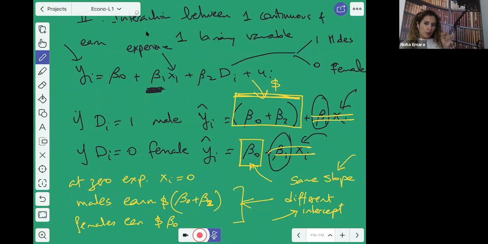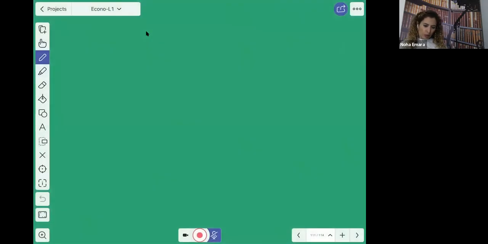This is more realistic because it is what we know in the US market and many other countries: it's not only the case that at zero experience males earn higher than females, but also that for each additional year of experience, earning is not going to increase by the same amounts. So in order to do that, we have to introduce a new type of model in which I have different intercept and different slope.